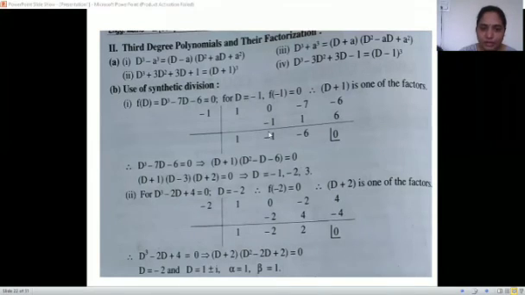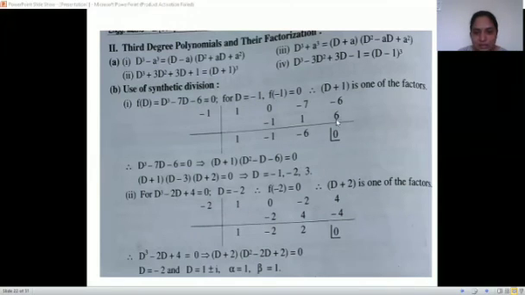We'll get -1. Then that number -1 we have to again multiply with this. So we get 1. We have to add these two again. We get -6. Then that -6 we have to multiply with -1. And then we'll get 6 right down here and add these two.